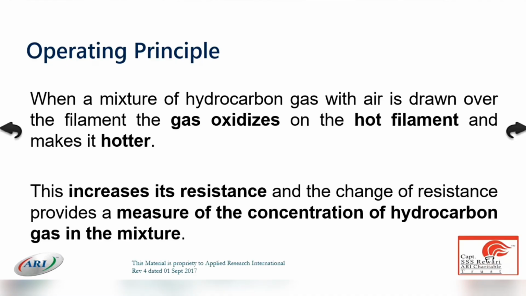The heat is generated, which makes the filament hotter. As the filament becomes hotter, its resistance value increases, the Wheatstone bridge becomes imbalanced, and current will start flowing through the circuit. The change of resistance provides a measure of the concentration of gas in the mixture. The flow of current indicates the percentage of hydrocarbon present in that sample gas.